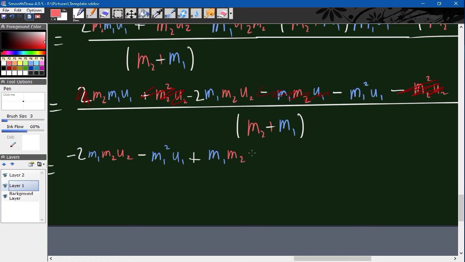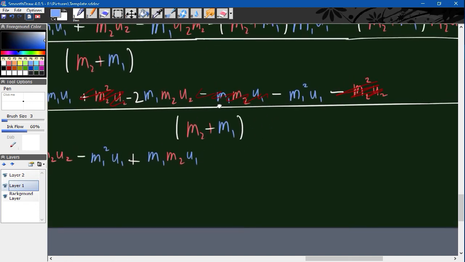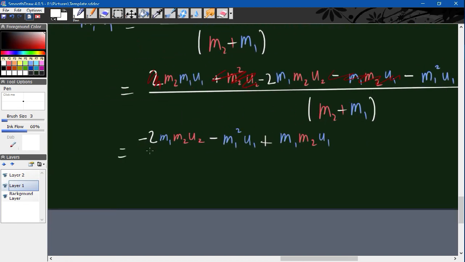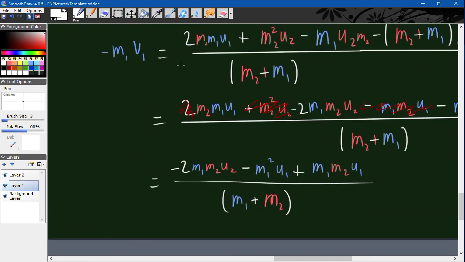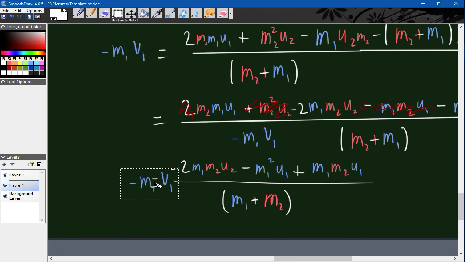M2 U1. I hope that's all of it. All over. Remember, addition is commutative, so we'll just change the arrangement of those to make it look nice. And we have that, which is equal to this.